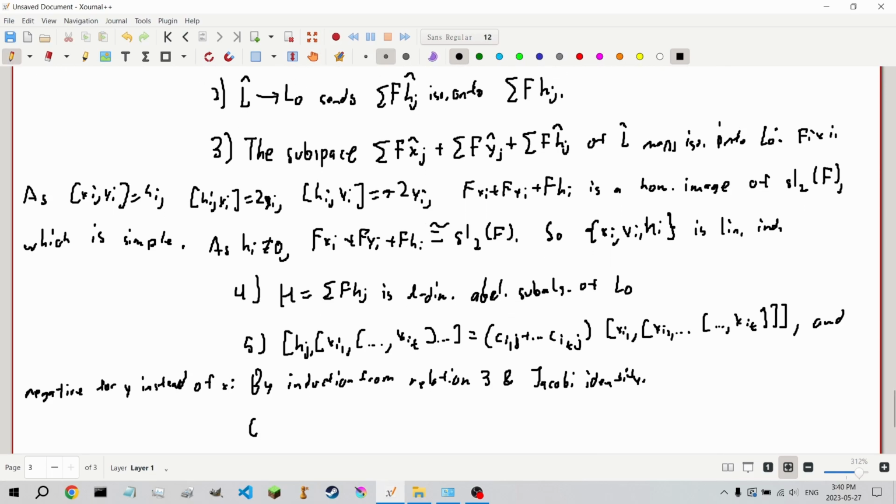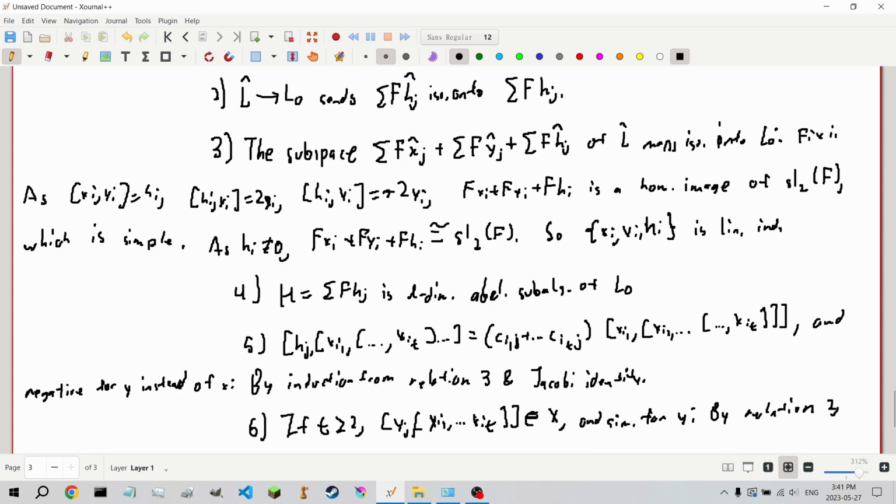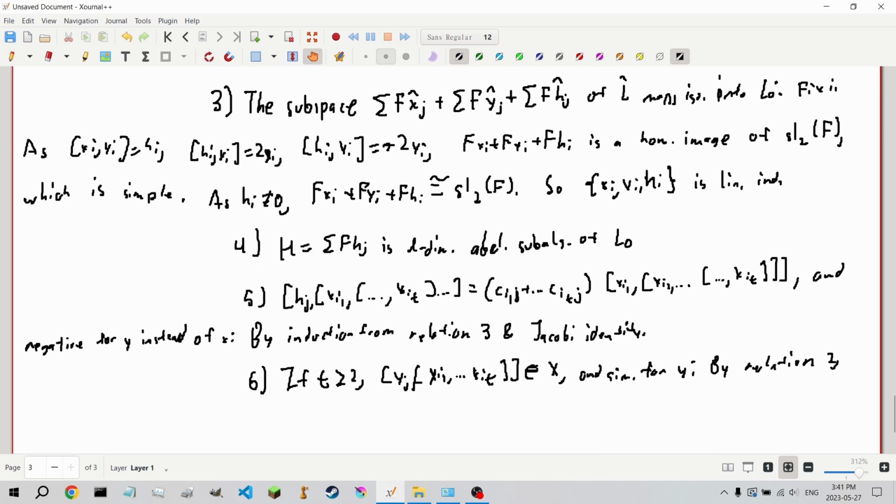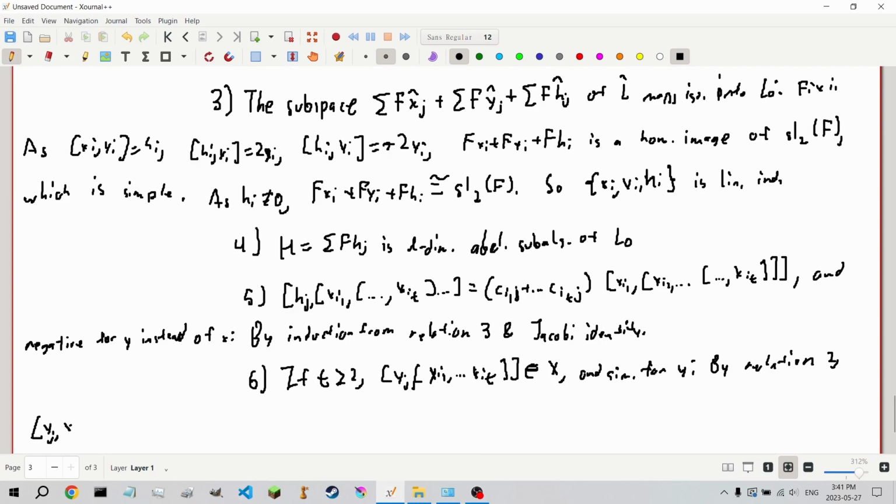All right, three more steps to go. Step 6. If t is at least 2, then y_j on x_i1 through x_it is within X, and of course similar for Y. By relation 2, sorry, I'm trying to keep track of things here, the bracket of y_j on x_i is negative delta_ij on h_i.